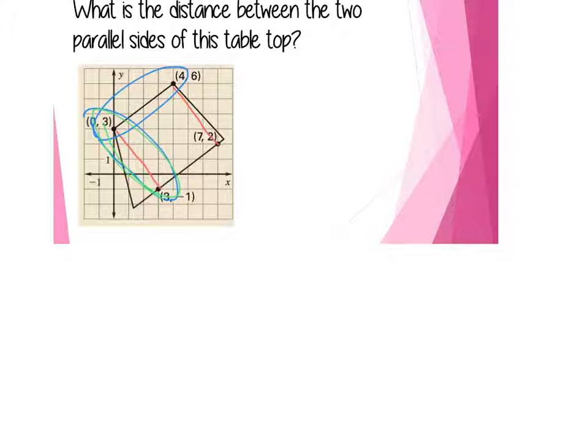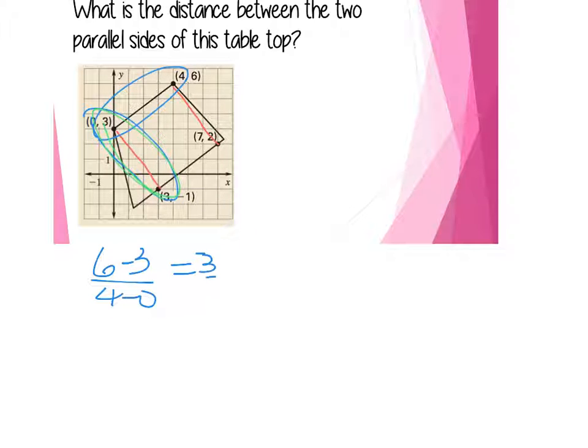So I'm going to use the 4, 6 and the 0, 3. So when I do 6 minus 3 over 4 minus 0, it gives me 3/4.